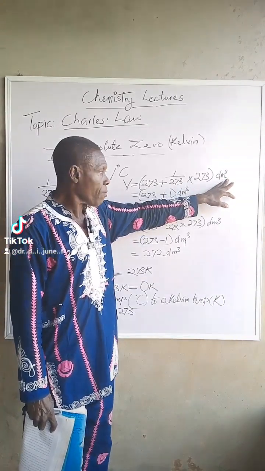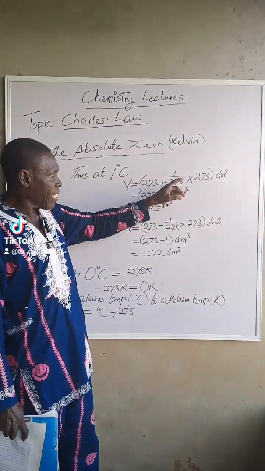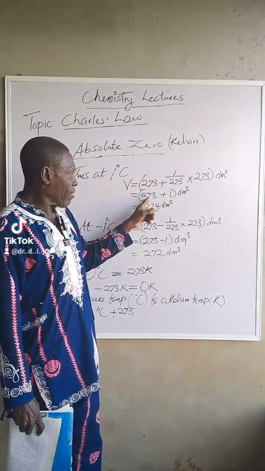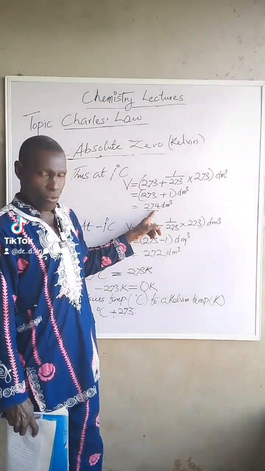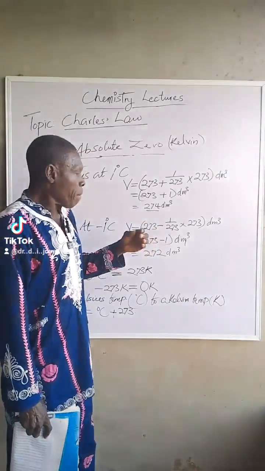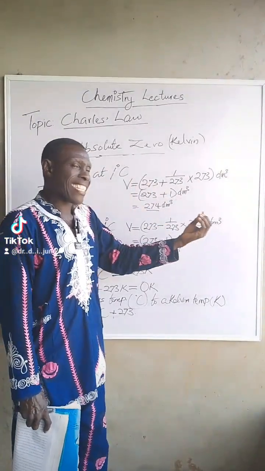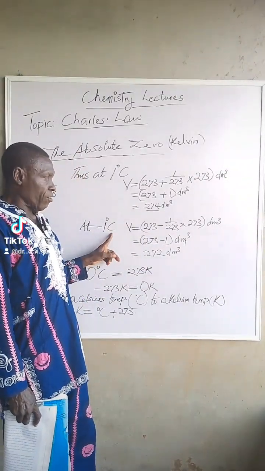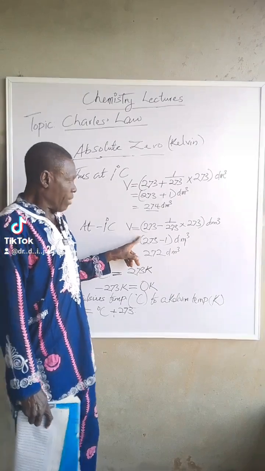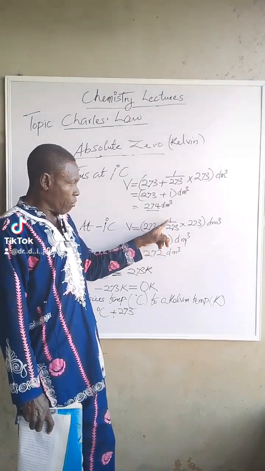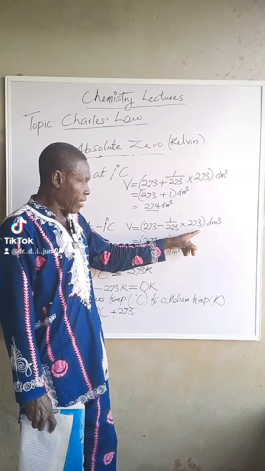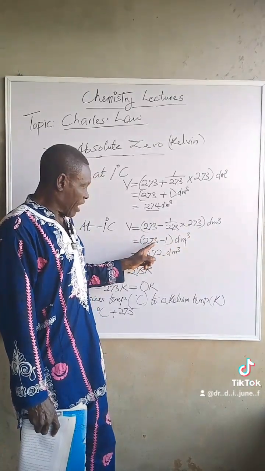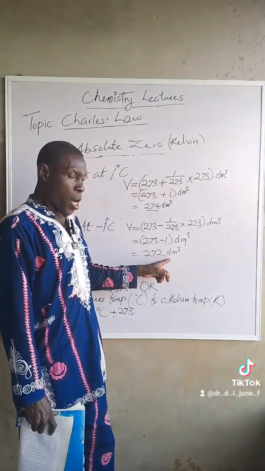If you work this mathematically, it just gives you 1, and 1 plus 273 is 274. On the other side, if the temperature decreases by 1, to minus 1 degree Celsius, it will be 273 minus 1 over 273 times 273. If you work it out, here is just 1. So 273 minus 1 is 272 dm cube.